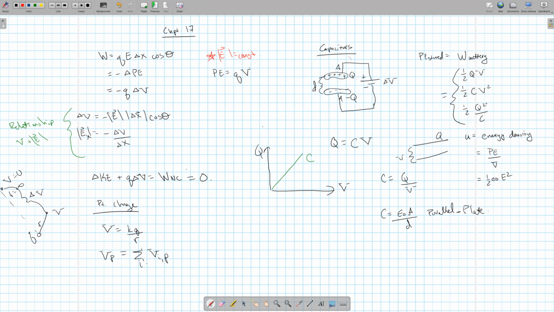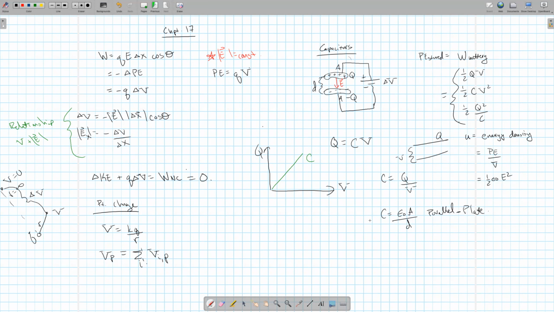This one says that the energy is stored inside of the charge. This one says that the energy is stored inside of the voltage or the potential across the plates. This one says that the energy is stored in both the charge and the potential, and this says that the energy is actually stored inside of the electric field itself. So whichever way you want to look at it, the capacitor stores energy for later use.